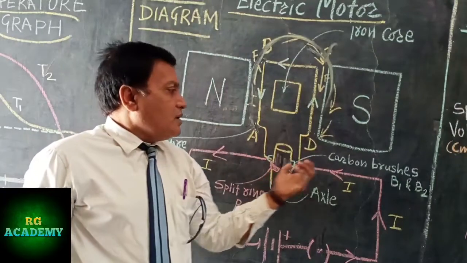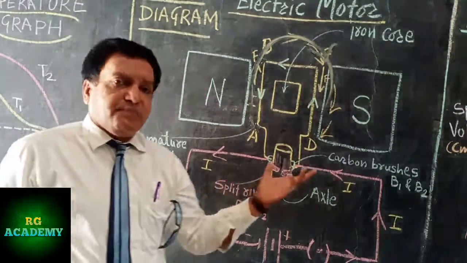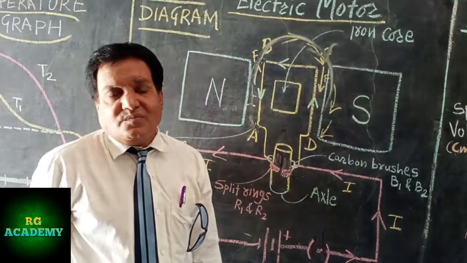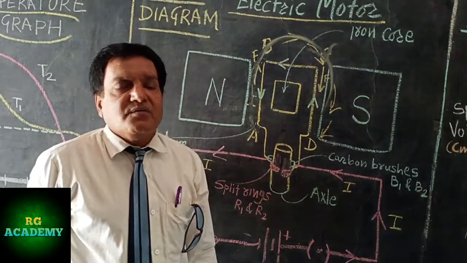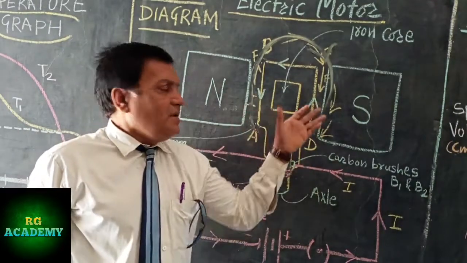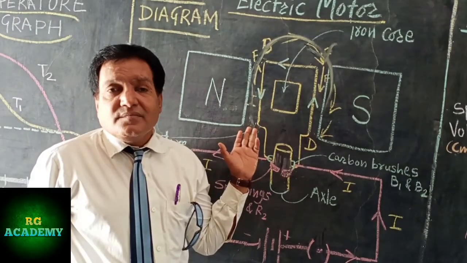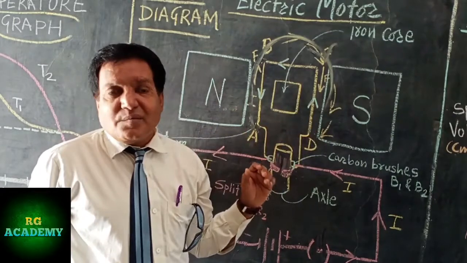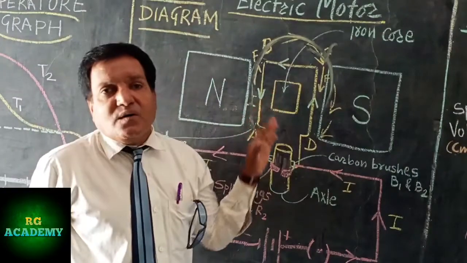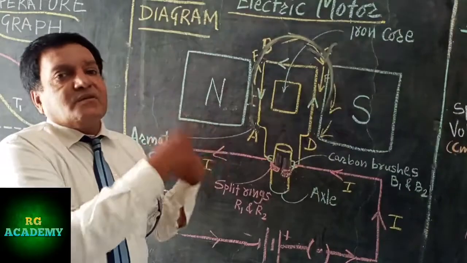But when the contact between the brushes and commutator split rings is set up again, the direction of current will be reversed. CD will take the position of AB, and AB will take the position of CD. Now the force is acting upward and downward, so this coil will again rotate in the same clockwise direction.